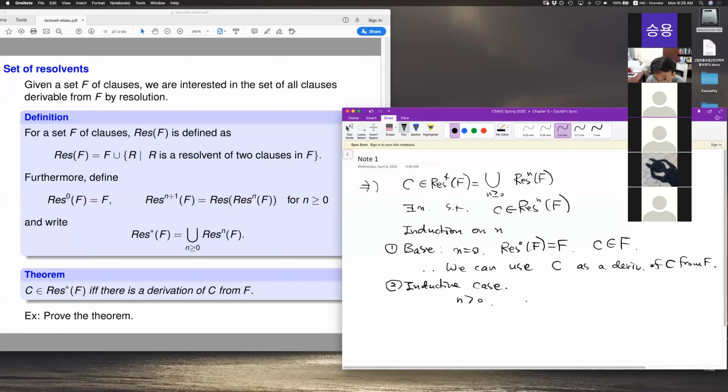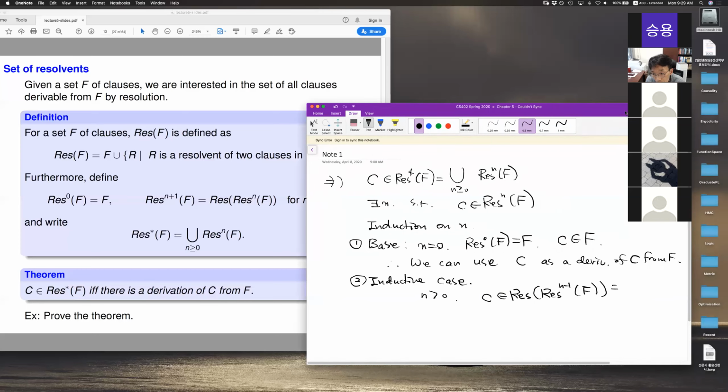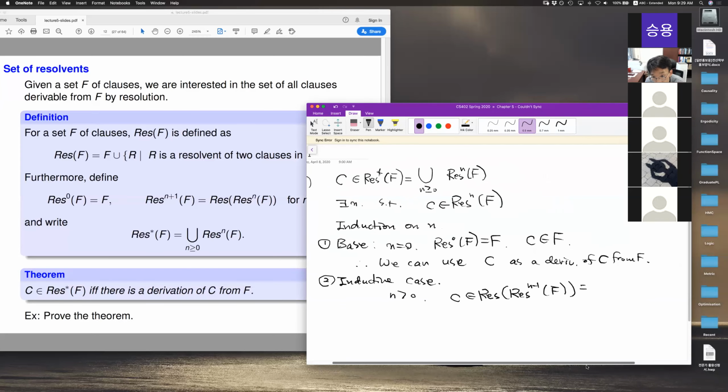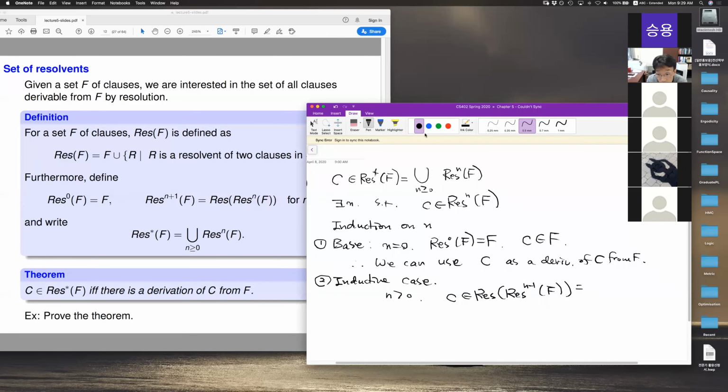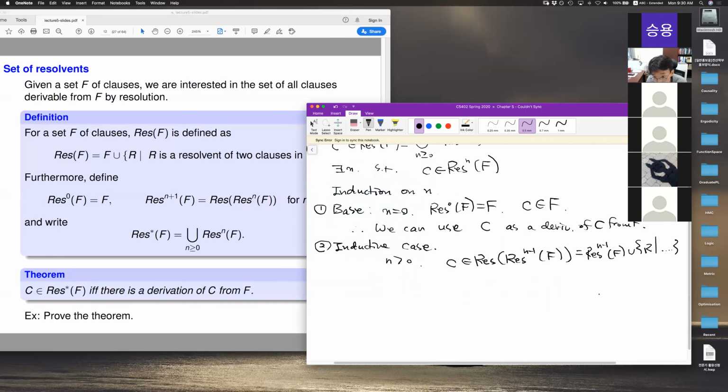Then we know that C should belong to res applied to res n minus 1 of F. If I unpack the definition, that's the same as res n minus 1 of F, or F, or some resolvent R, where R is a resolvent of two clauses obtained from res n minus 1 of F. I'm going into very much detail just to make sure, although it's really simple.